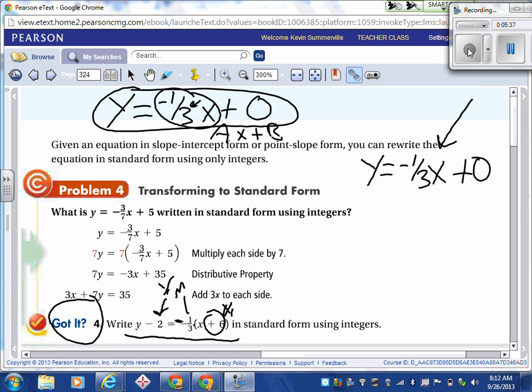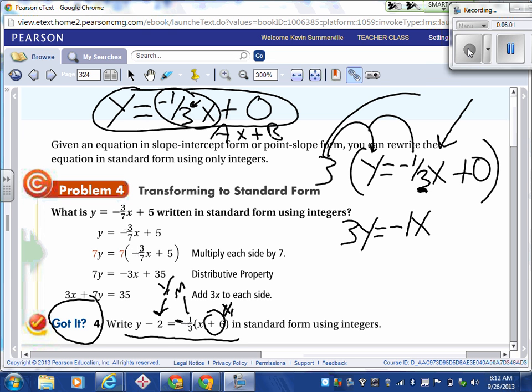Because there is a 3 right here, I need to multiply everything by 3. So I take 3 times y, and I get 3y. And then I have 3 times negative 1/3, which is negative 1x. And then I have 3 times 0, which is 0.